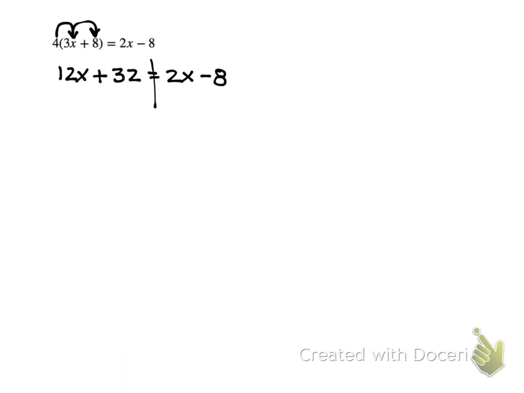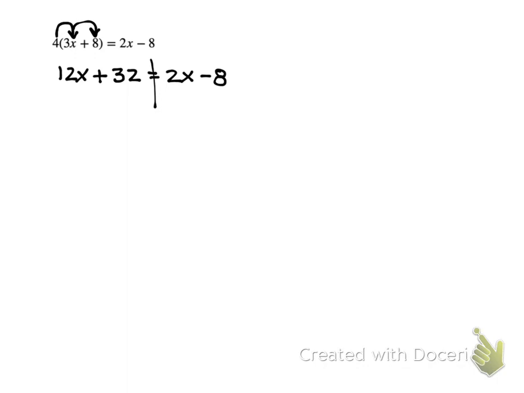Because what we typically say for those situations is, you know you have a solution if you end up with a variable and a number in your answer. And you know you have no solution if all your variables are gone and you have a statement that's not true, like 3 equals 5.